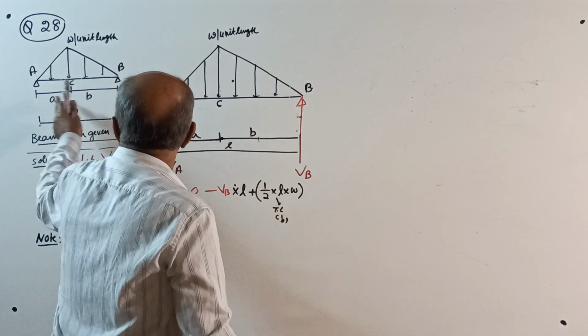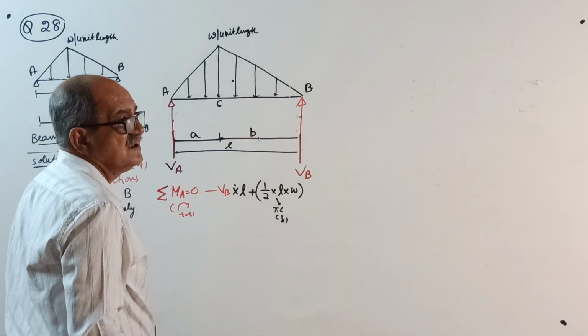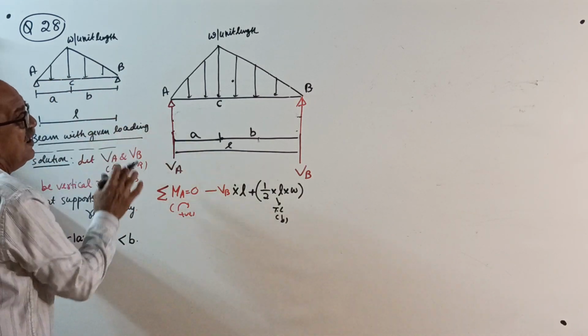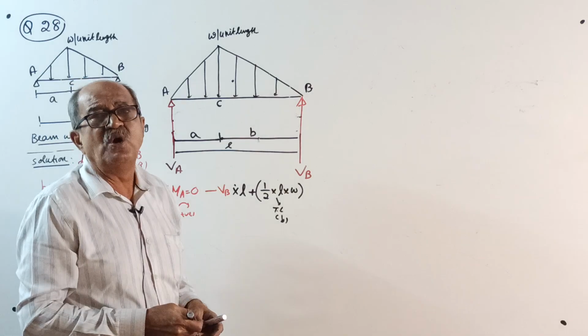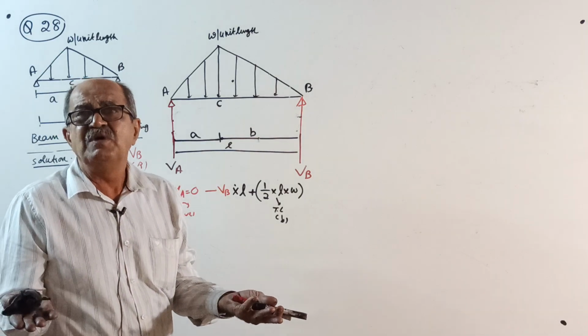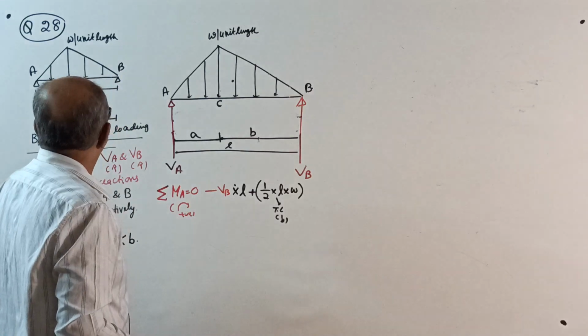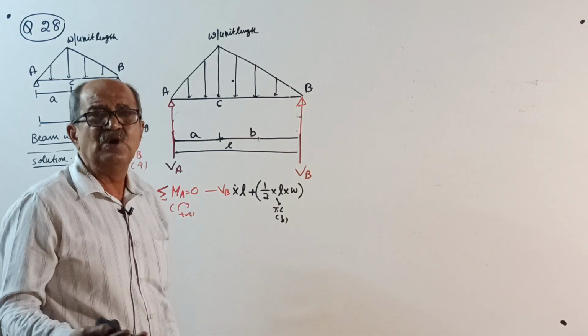Span is L. Find vertical reaction. Now note, it is not given in the question whether A is more than B or B is more than A. But something you have to write. Once you sketch, you cannot keep on waiting, which is more, which is more. Somebody will tell you, it does not matter.